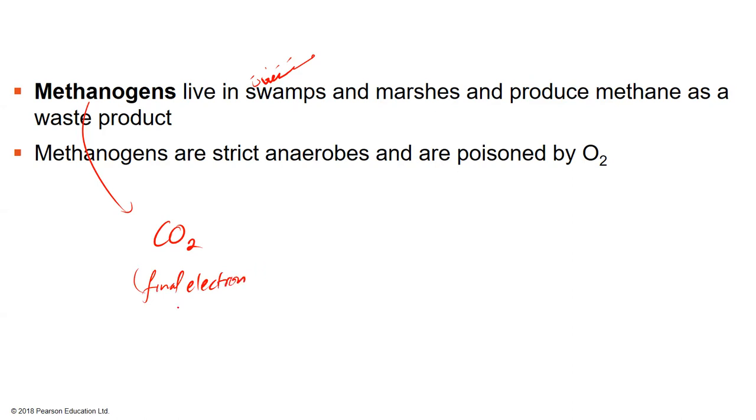So they carry out anaerobic respiration. Okay. And plus H2, they can produce methane gas, CH4, okay, plus water. Okay, so this is not a balanced equation here. We have 2, 4. Okay, now it's balanced.